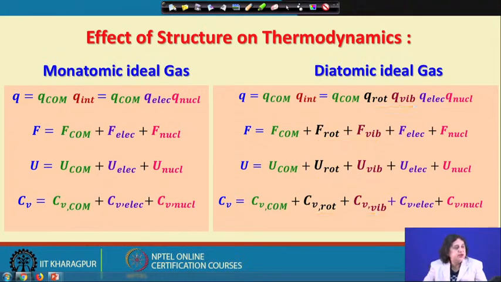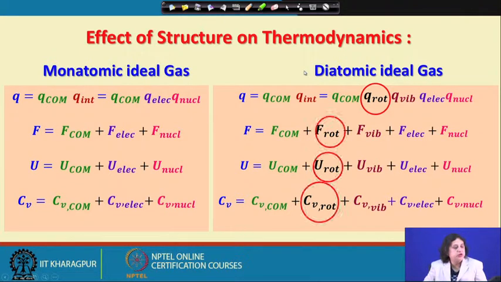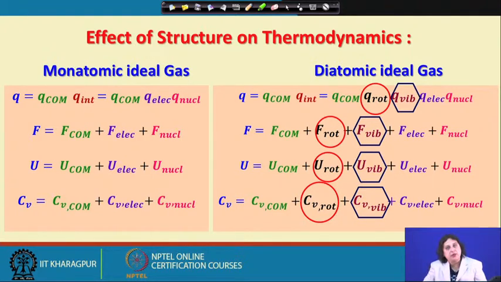As a result, the presence of these two extra terms, for example q rot, gives the corresponding extra terms in each of the thermodynamic properties that we have shown here. Similarly, the presence of q vib leads to this vibrational contribution to each of the thermodynamic properties that we see.